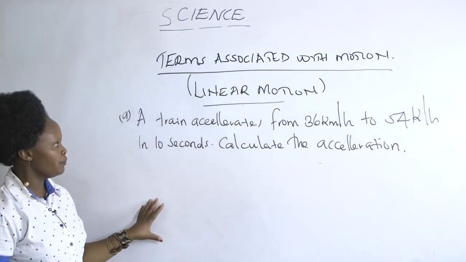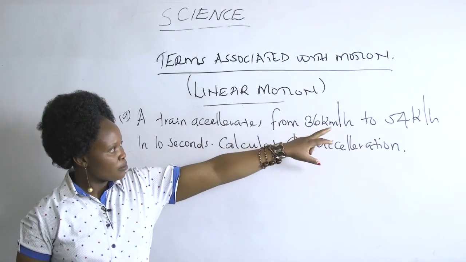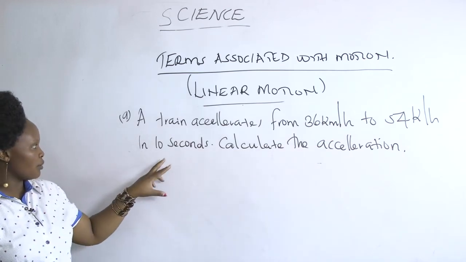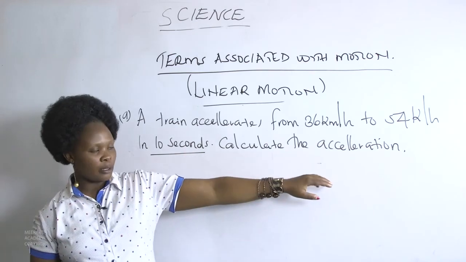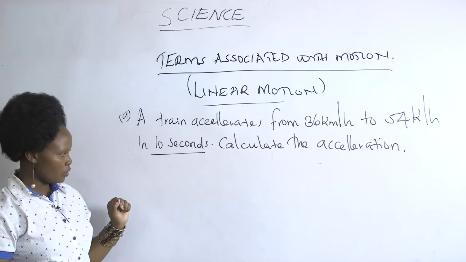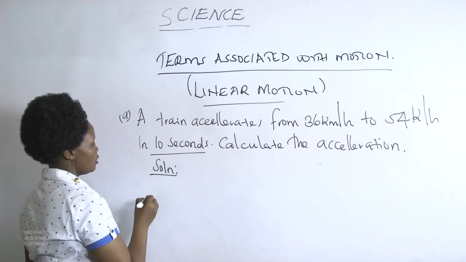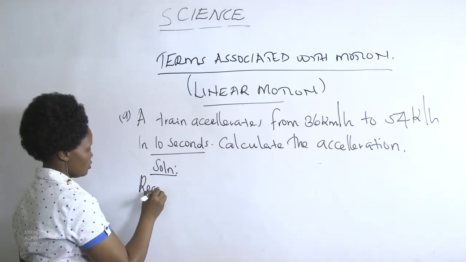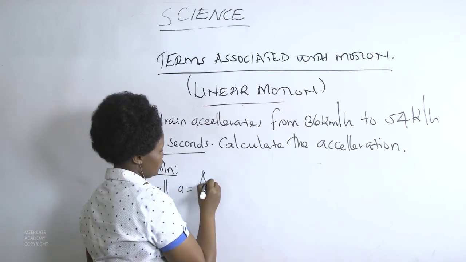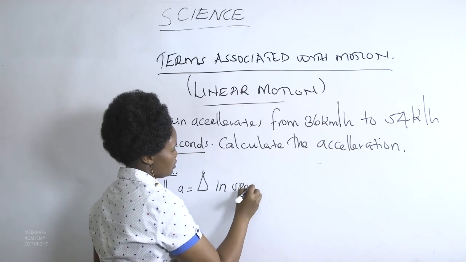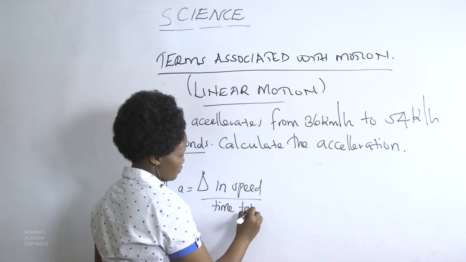Now, question number 1 is on a train that accelerates from 36 kilometers per hour to 54 kilometers per hour in 10 seconds. We are supposed to come up with the acceleration of that train, and we recall that acceleration is given by change in speed, you divide by the time taken.